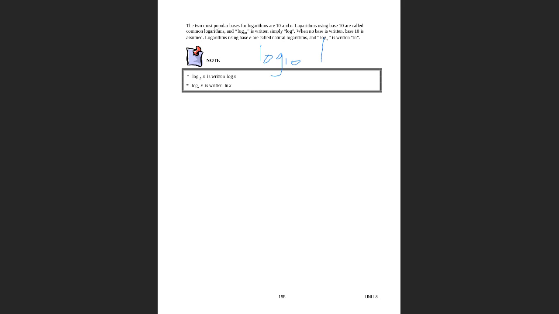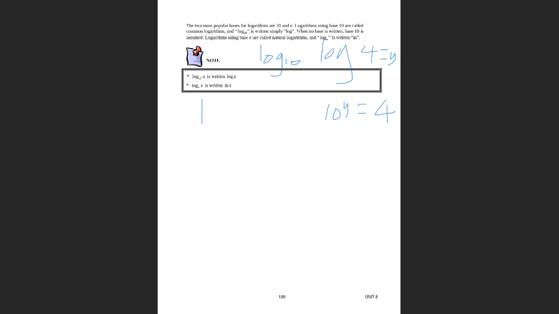For instance, if I write log 4 and I don't put any base, you must assume that it is in base 10. But if I write ln 4 equals y, it is the same as e exponent y equals 4. When you don't find a base, you must assume that it is in base 10.